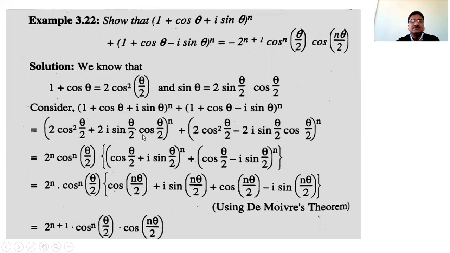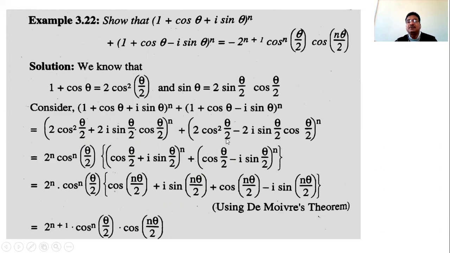And then we have this, take cos theta by 2 as a common factor, so this bracket raised to n, so cos raised to n theta by 2 as a common factor, and 2 is also common, so 2 raised to n because it is in bracket, and bracket raised to n, and then we have cos theta by 2 plus i sin theta by 2 in bracket.